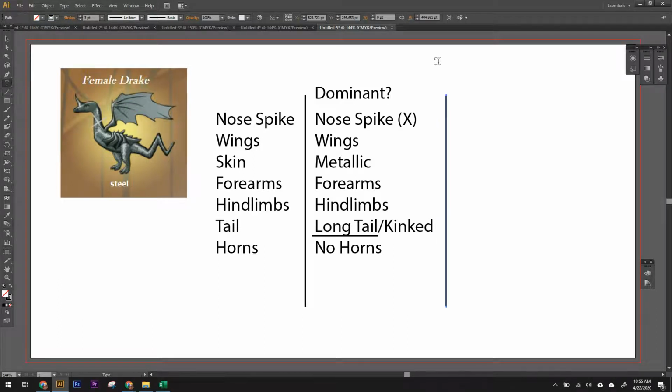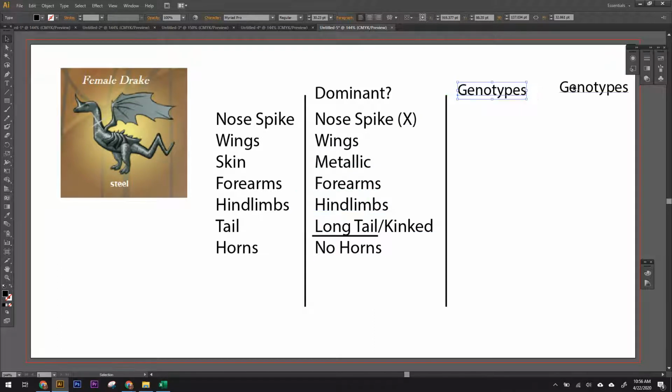So then we need to figure out what the possible genotypes for this mother are. Let's go ahead and make note of what her phenotypes are as well, since those are going to inform our genotype.